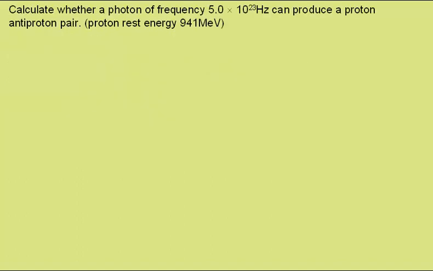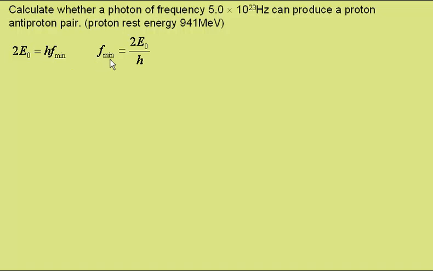Next example. Calculate whether a photon of frequency 5 times 10 to the 23 Hertz can produce a proton-antiproton pair, and it gives us the proton rest energy of 941 megaelectron volts. Well, in this case, 2 particles are produced, with E0 being their rest energy, from 1 photon of energy Planck's constant multiplied by the frequency.